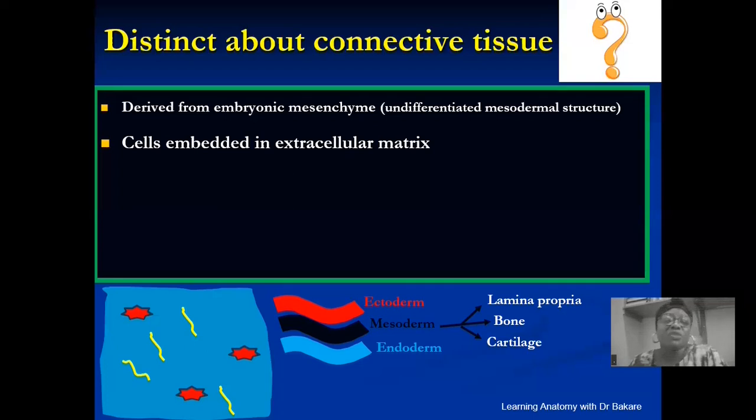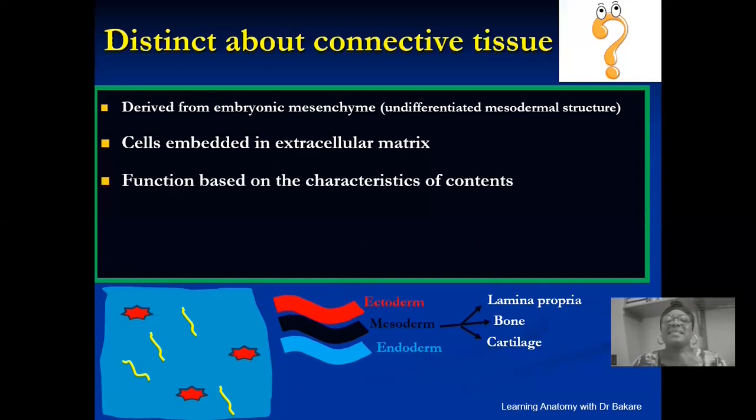The muscle tissue is a collection of muscle cells. But what is distinct about connective tissue is that you have a number of cells embedded in the extracellular matrix, and this extracellular matrix includes fibers and also ground substance. This is the general orientation of connective tissue, and it is distinct from the other types of tissues.